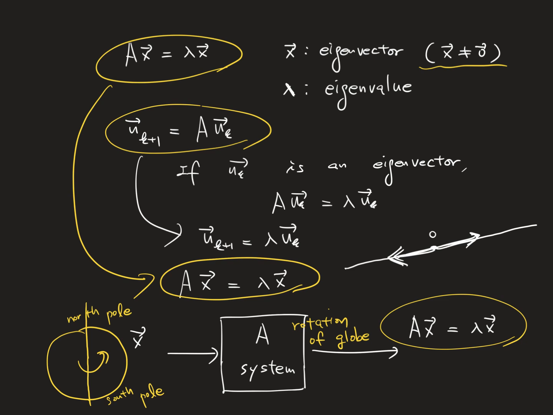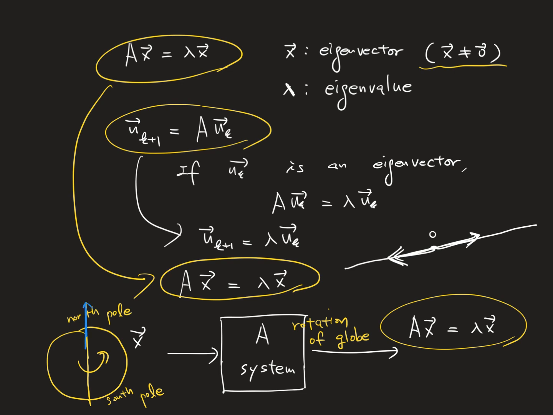If you think A is just the rotation of a globe, what is the eigenvector for the rotation? Well, the answer is this axis.